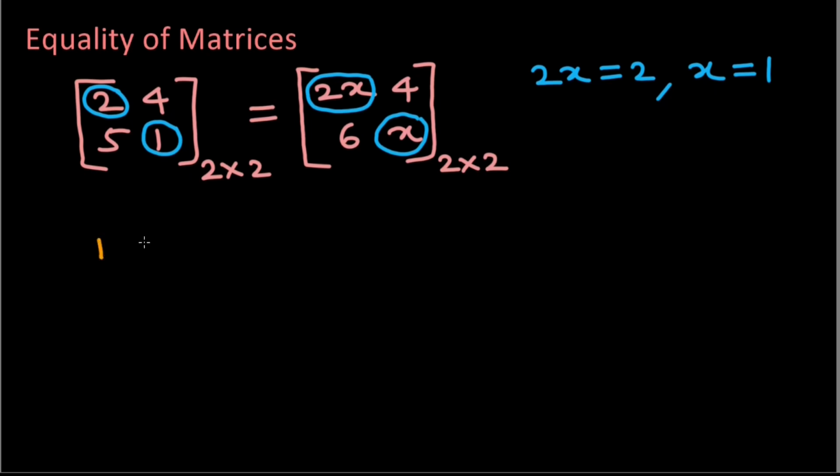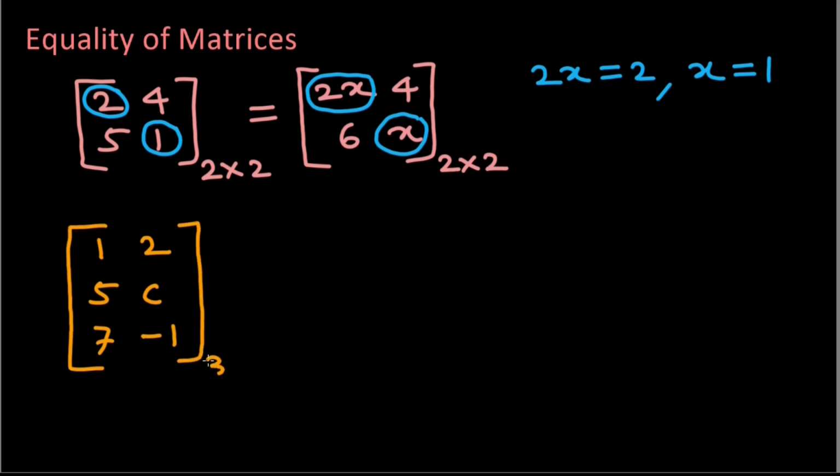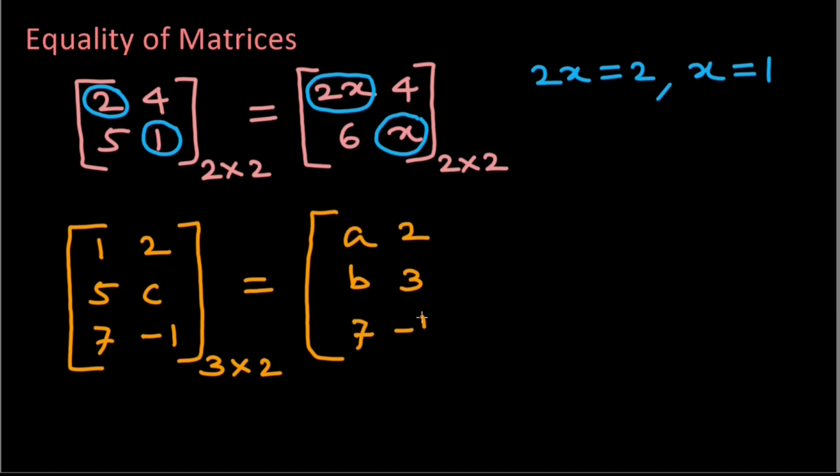Matrix [1, 2; 5, c; 7, 1] is a 3 by 2 matrix which is equal to another 3 by 2 matrix [a, 2; b, 3; 7, -1], which is also a 3 by 2 matrix.